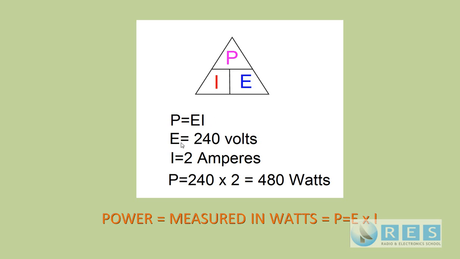We are told that the voltage is 240 volts. We are told the current is 2 amperes. We know that P equals E times I, so P equals 240 volts multiplied by 2 amperes, which gives us 480 watts. The unit of power is the watt.